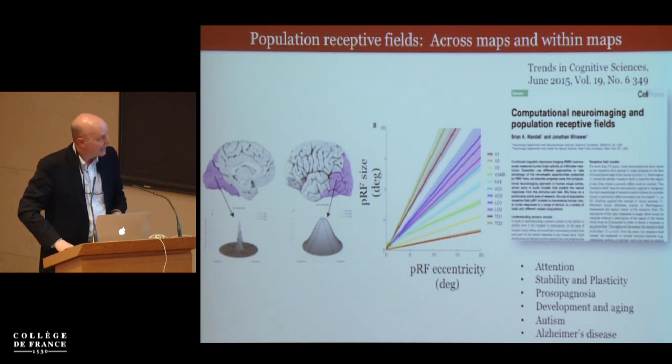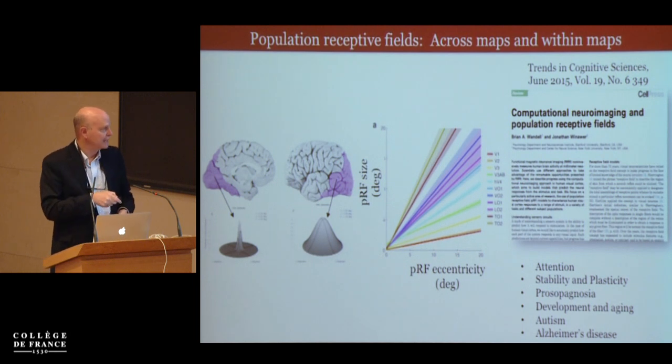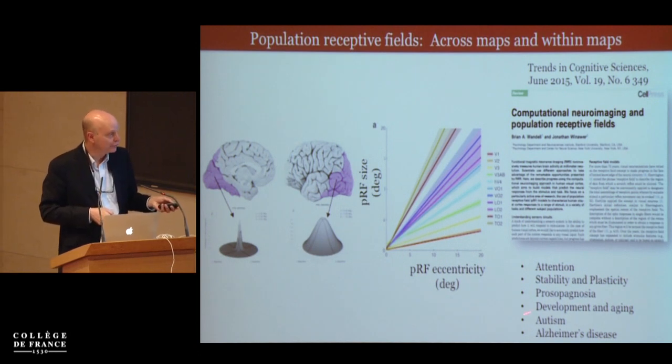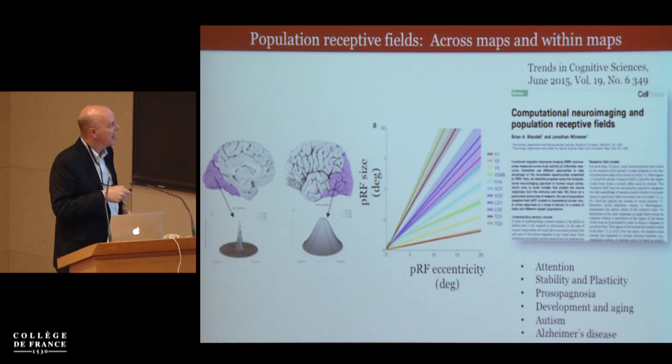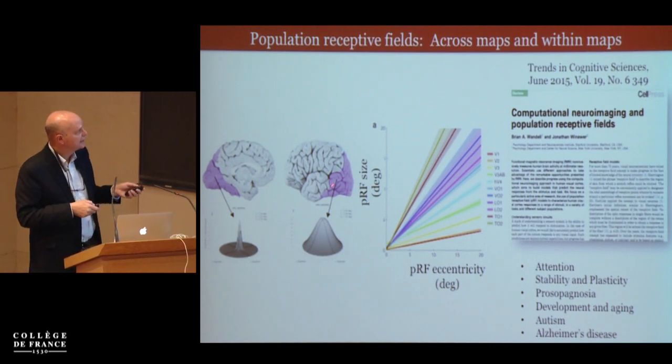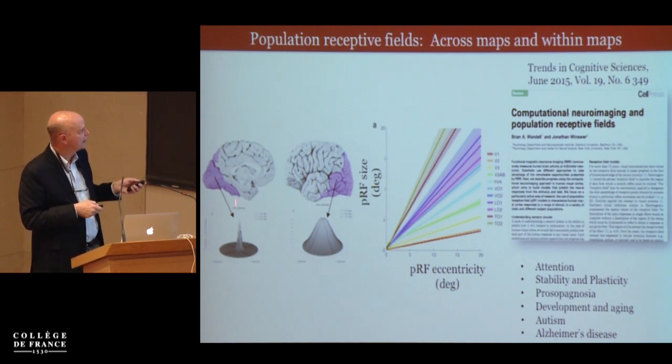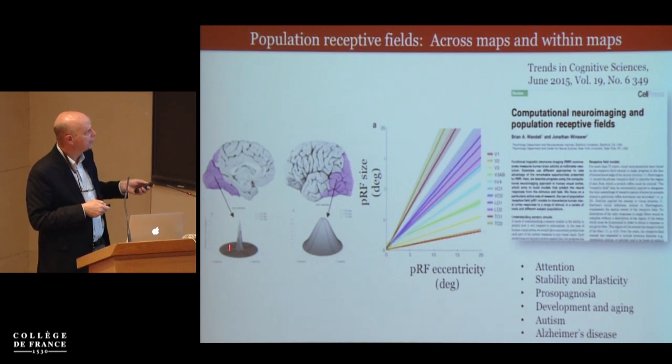Okay, that's good. And they've been used in all kinds of measurements of attention, stability and plasticity, prosopagnosia, development and aging, and so forth. And what you can find is that different parts of visual cortex have different size receptive fields, really quite substantially. It can be very small in primary visual cortex and much bigger in the lateral surface.